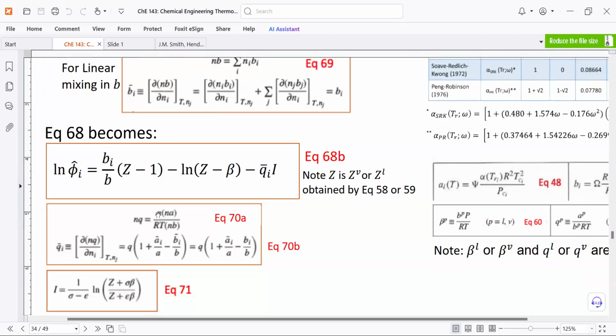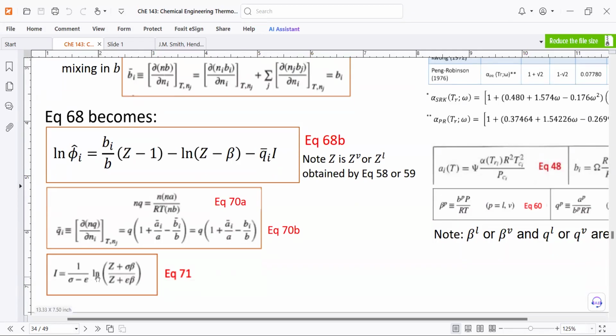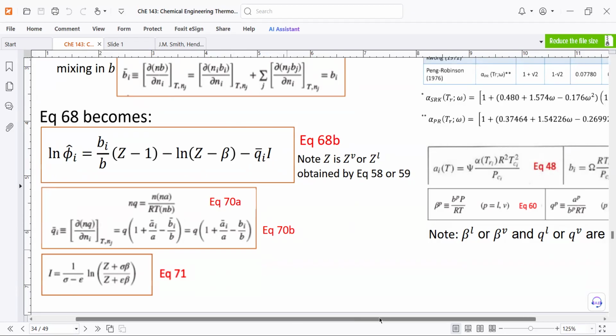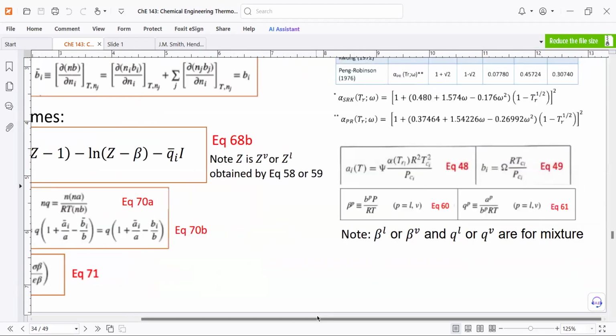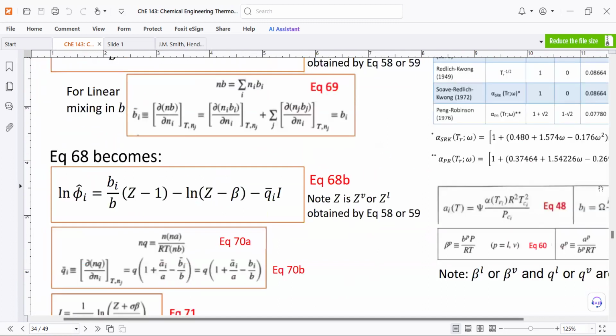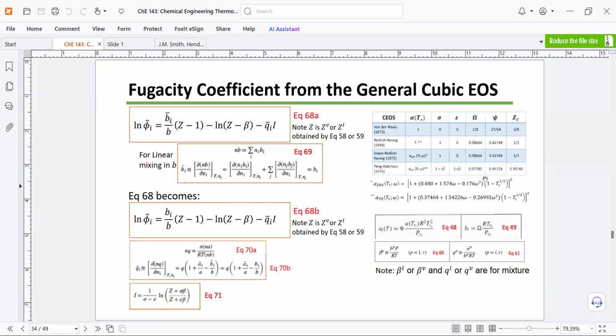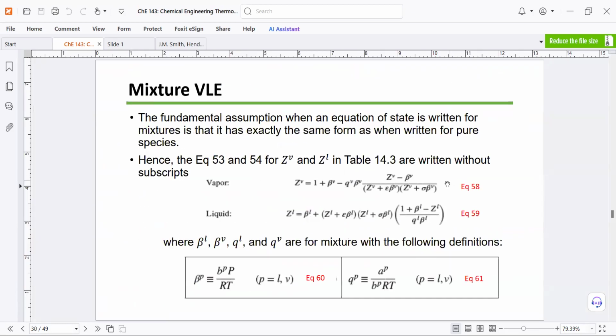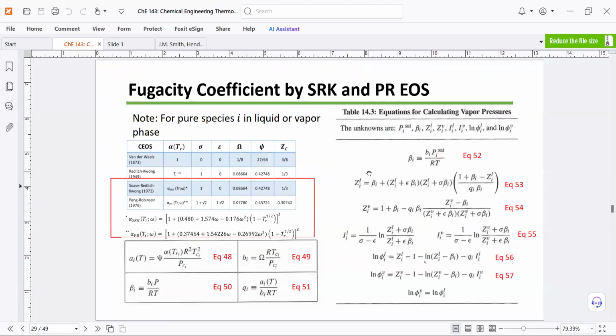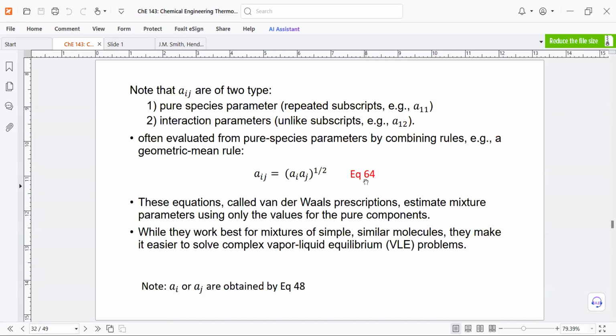And how do we get the other parameters? For I, this is the equation. For partial property Q, this would be equation 7t. And then for Z and beta, we use the mixture property Z and beta.